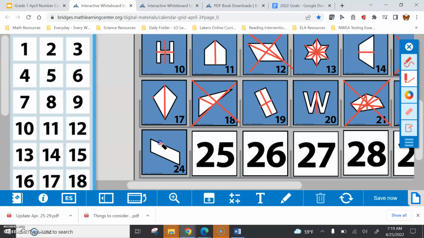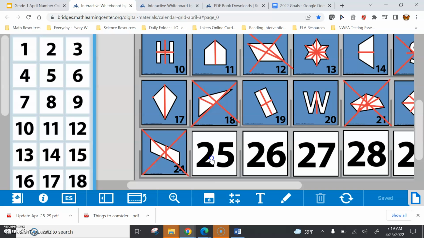Let's see. If we folded it in half, we would have a higher point here that would not be on this side, and a lower point here that would not be on this side. So in this case, we do not have lines of symmetry.